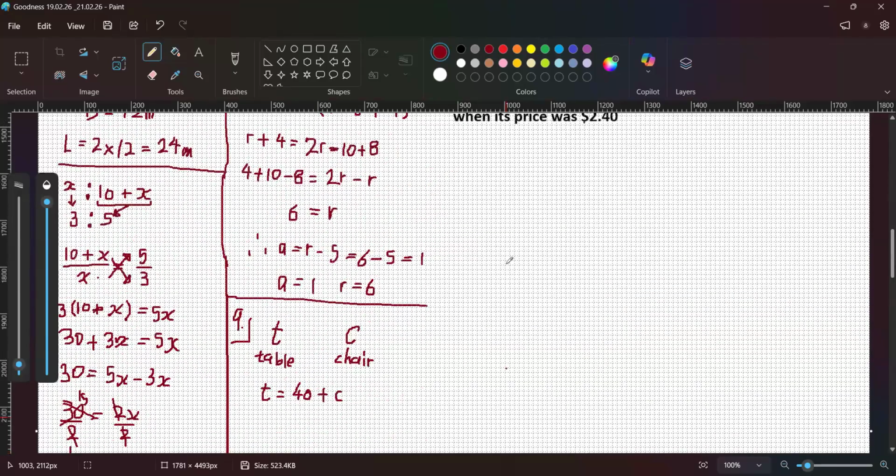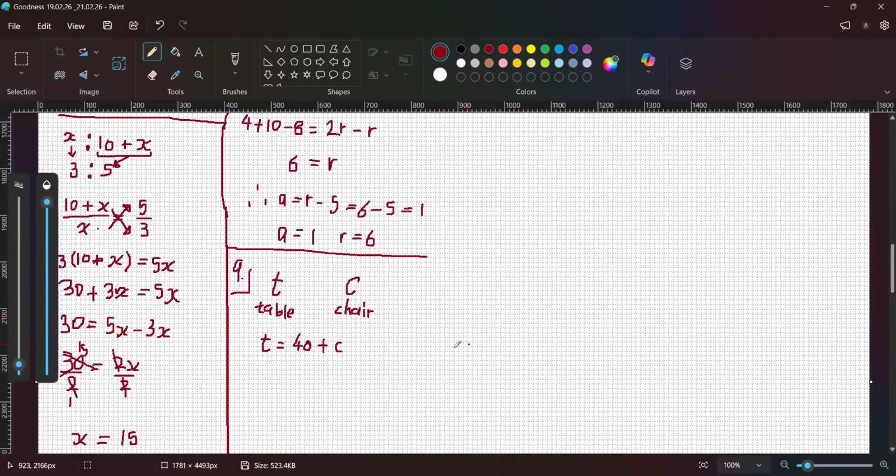Let's interpret that. Two tables, three chairs, is 705.